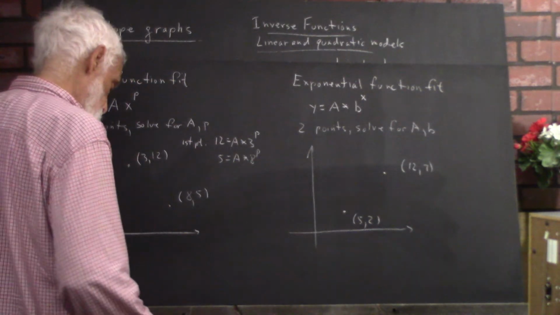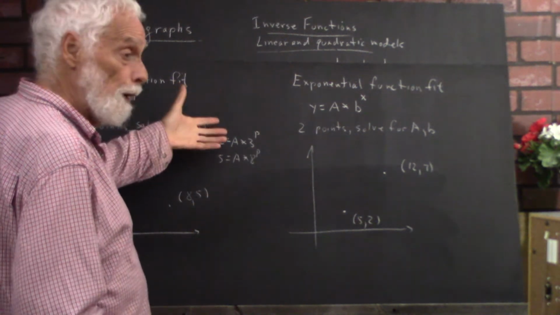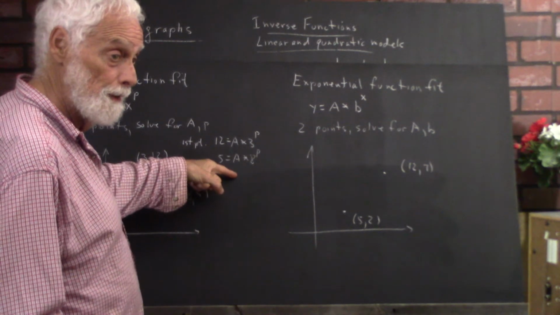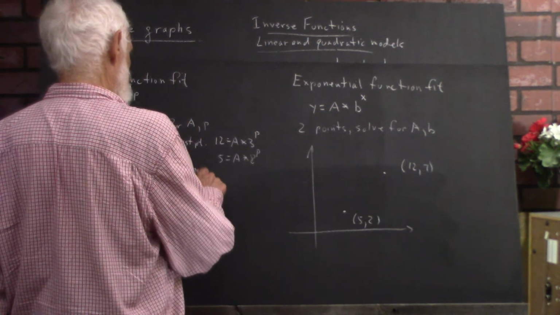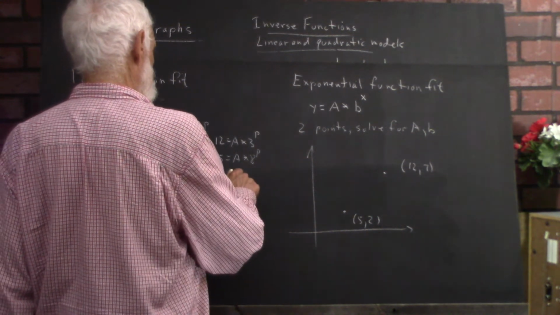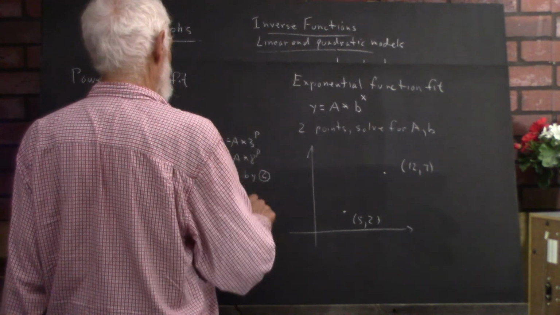It's a little slicker if you simply divide one equation by the other, because if you do, the A's divide out. So I'm going to divide equation 1 by equation 2.